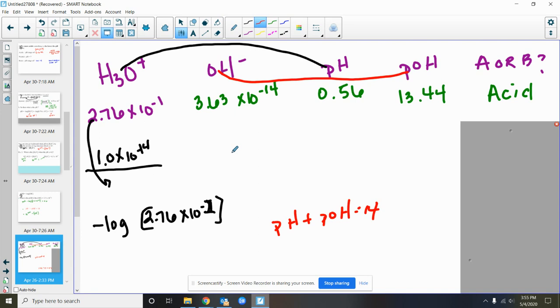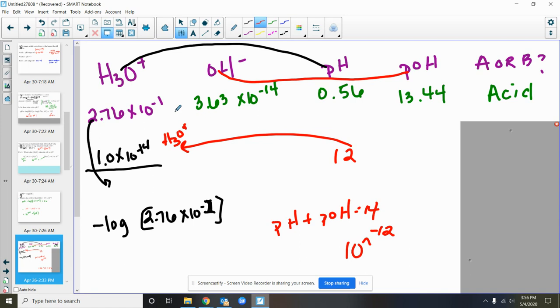So say on the next one, you were given a pH. Okay, so let's just say maybe you were given a pH of 12. Okay, you would do your 10 raised. Okay, remember that inverse log, 10 raised to the negative 12. And when you do that, that's going to give you your H3O value.